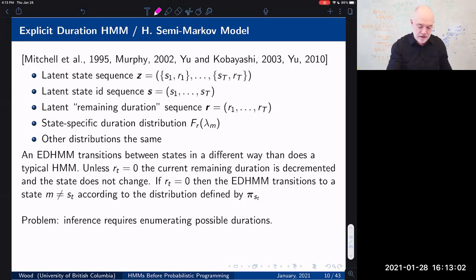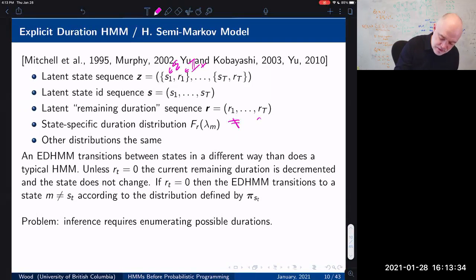So S is going to be in some vocabulary again, and R is going to be in, I guess, Z plus. So this is basically the amount of time that you will remain in the state or have to remain in the state. So we have a latent state ID sequence, and then we have what we would refer to as the remaining duration sequence. And we have a state-specific duration distribution, in other words, how long you will dwell in the state, which is not necessarily geometric. You might choose Poisson or some other dwell time that's more appropriate to your application.